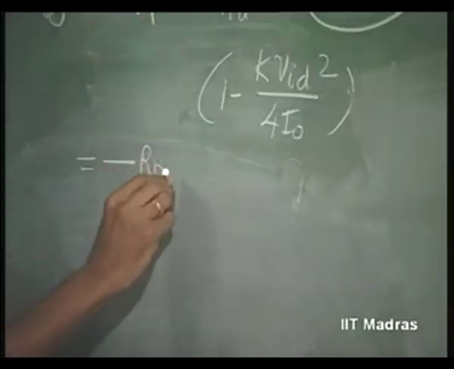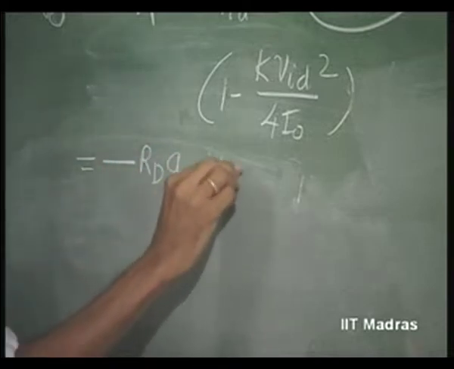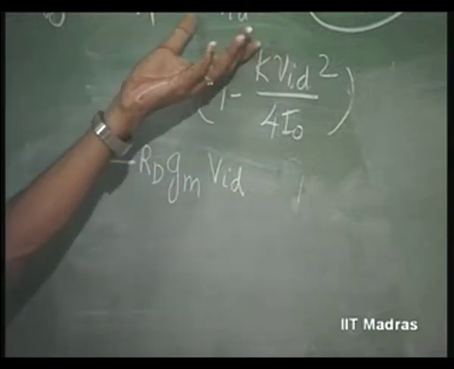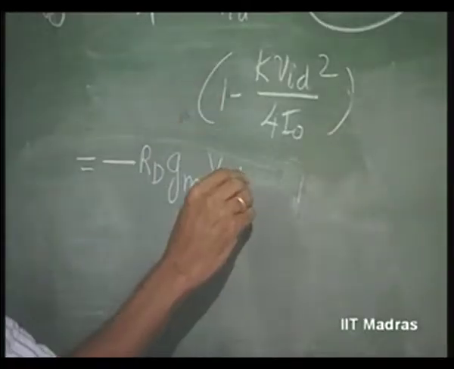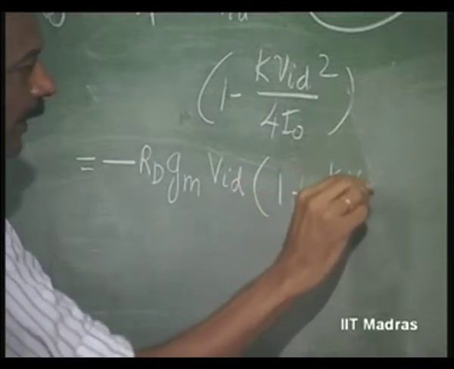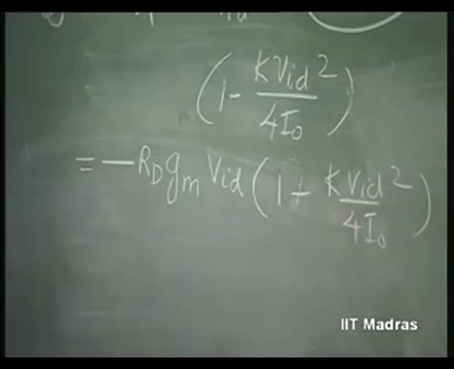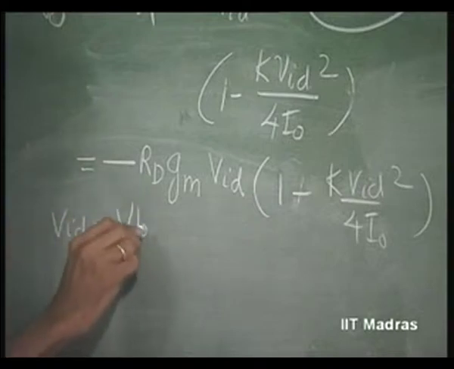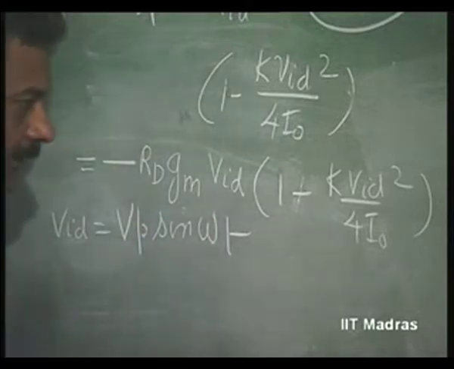Now, in this V naught is equal to minus Rd into this factor, which is nothing but Gm, and this is VID. So, this is what happens to the signal, linear part of the signal component. This into 1 minus k times VID squared by 4 I naught. So, now suppose VID is taken as Vp sin omega t, then what happens?